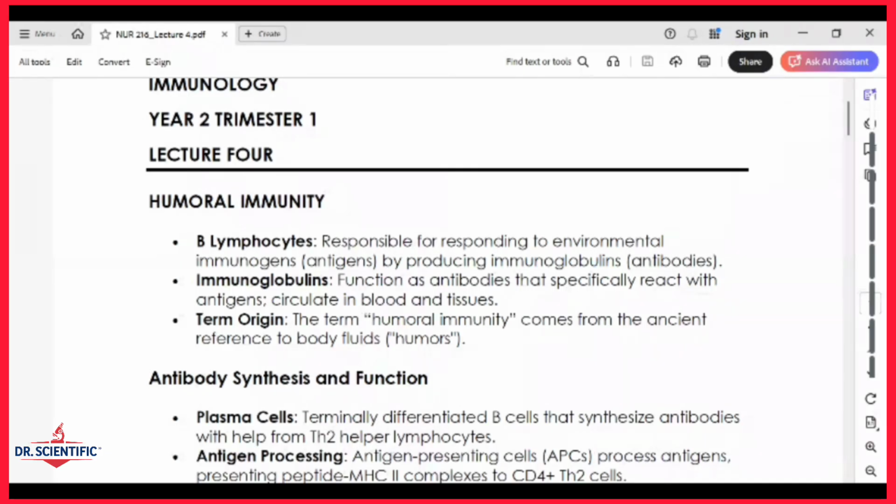We know that antigen presenting cells are supposed to be presenting antigens to T cells. So if a virus, say, infects a cell, how is it going to be presented to the T cell? And which type of T cell is it going to be presented to? Can somebody remind us that?